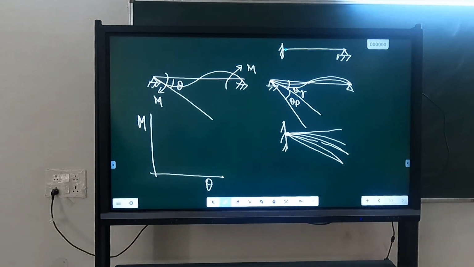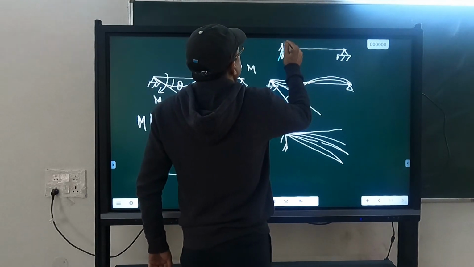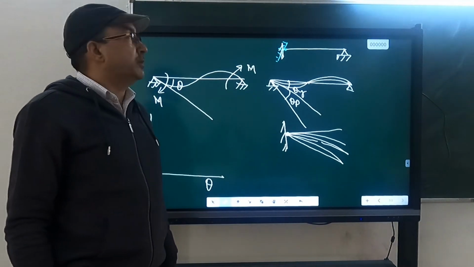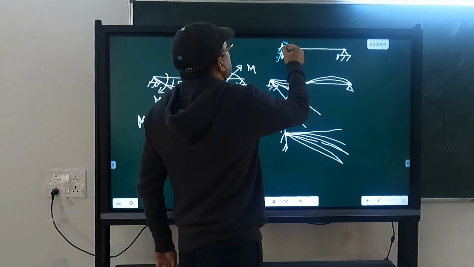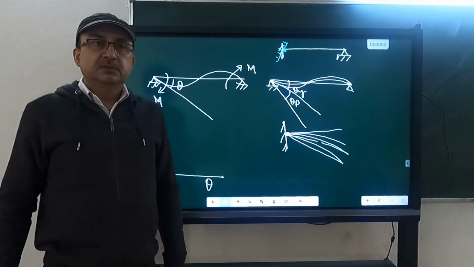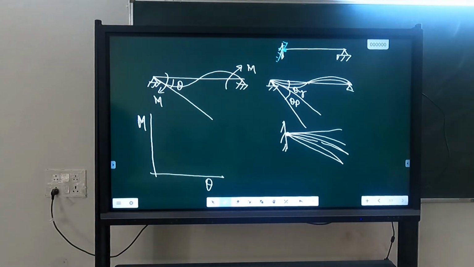Hinge, the physical hinge. And I want to rotate it. What will happen if I rotate it like this? The perpendicular to this will rotate. What will happen to the beam? Will there be any deformation in the beam? The beam will not deform.